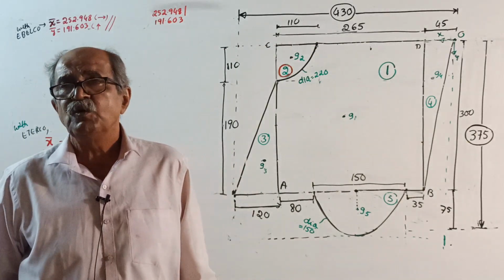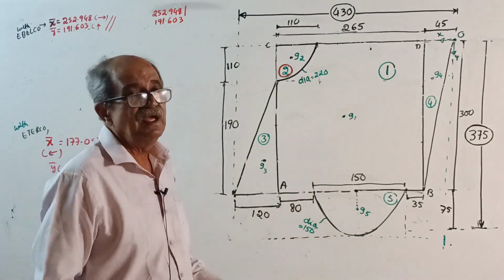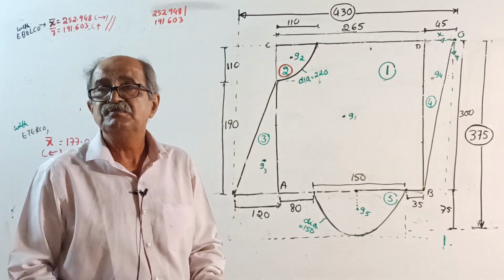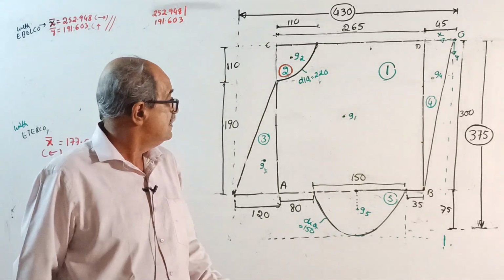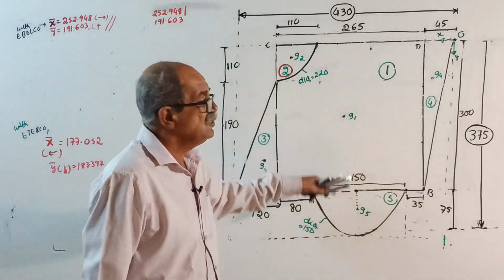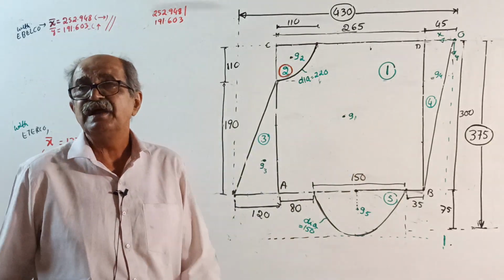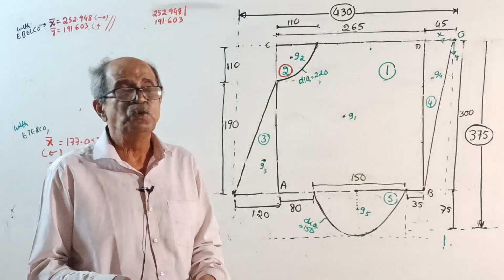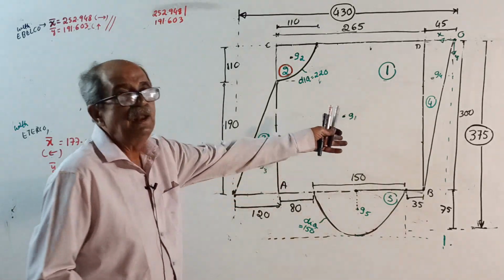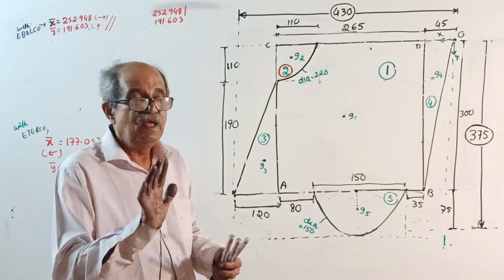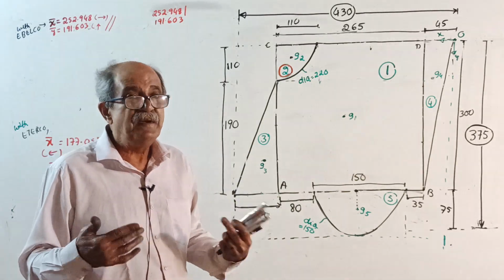Note, I am solving the question and marking dimensions as if I am a beginner. I am not a beginner, but I do it so that even those people who have difficulty will understand. Don't think that I am doing it so slowly; by looking only I can make it out. But still, I am solving as if I am a beginner.